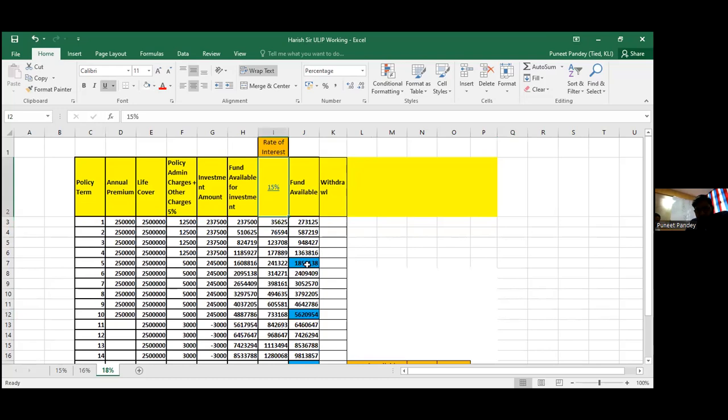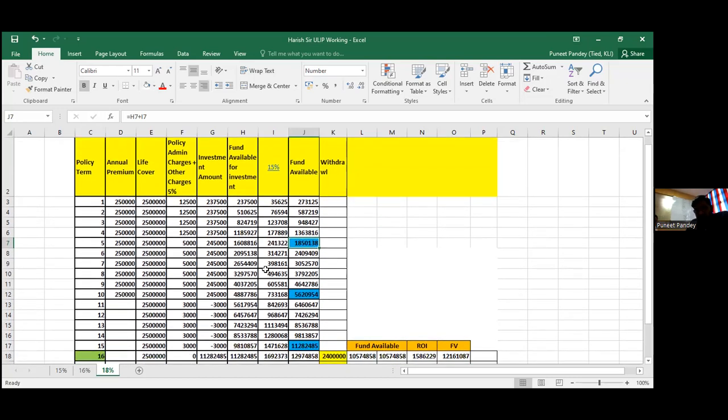In the first 5 years, there is hardly any difference, only around 1.5 lakh rupees. But from the 10th year onwards, you can see, sir, compared to 12%, it is getting close to around 17 lakh rupees.